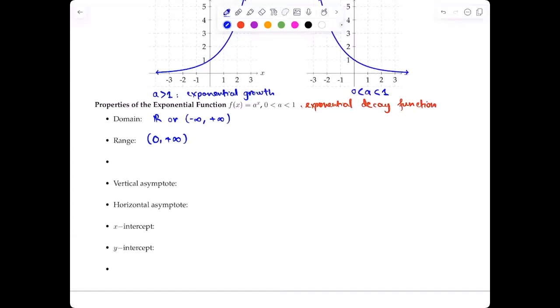When we observe the graph of exponential decay function, you see that this is a decreasing function, but is still a one-to-one function. So f of x equal to a to the x for a between 0 and 1 is a decreasing function, and one-to-one. There's no vertical asymptote.